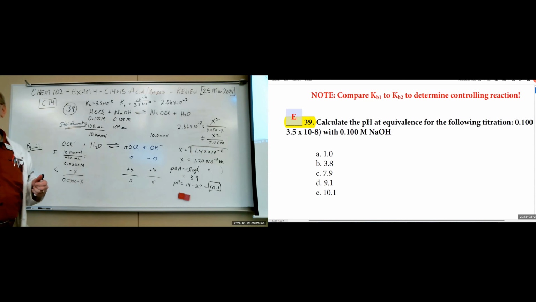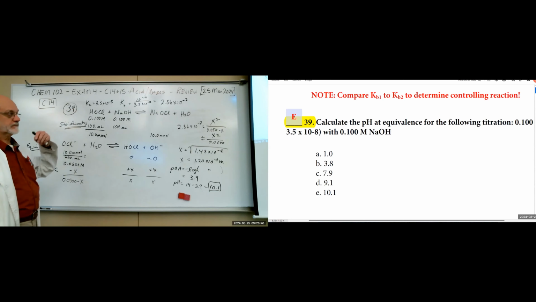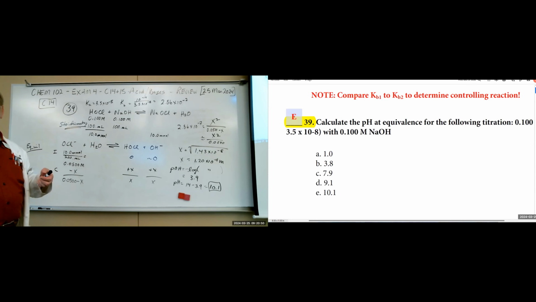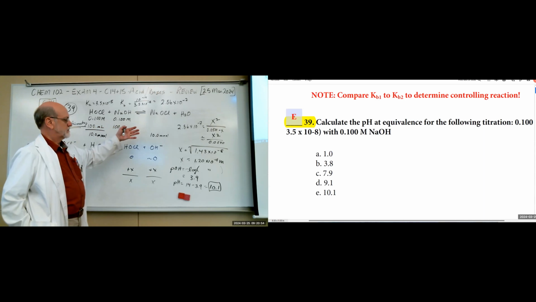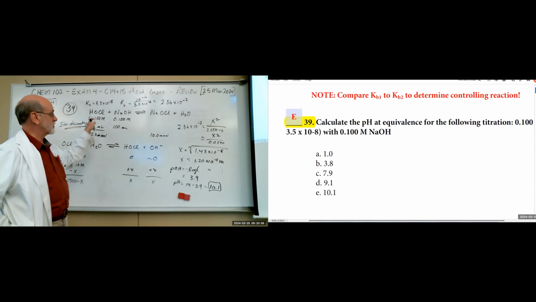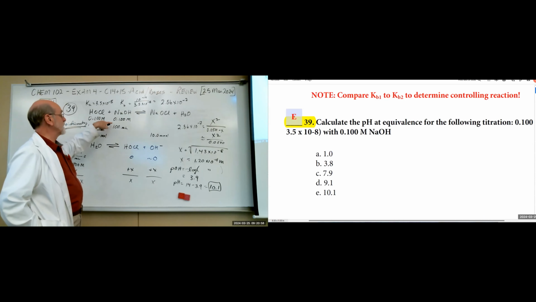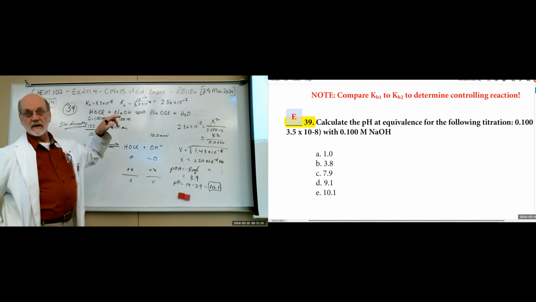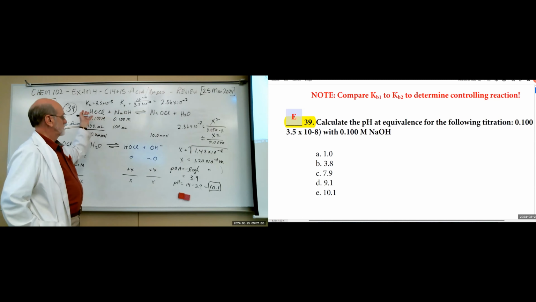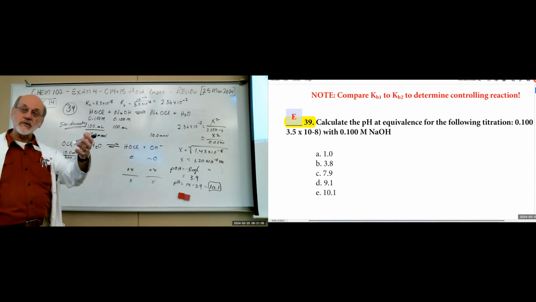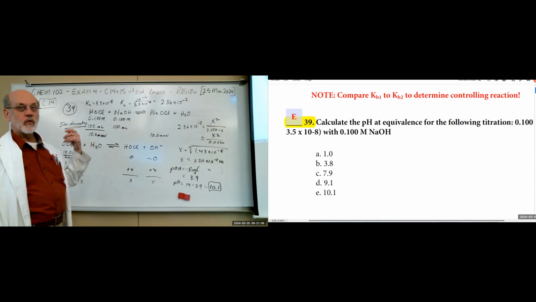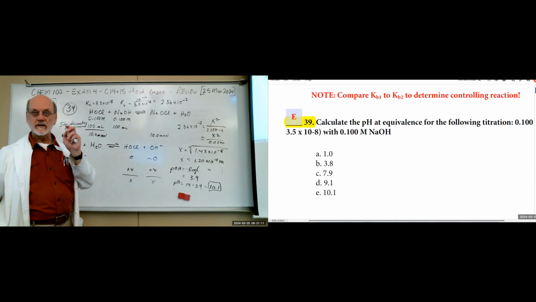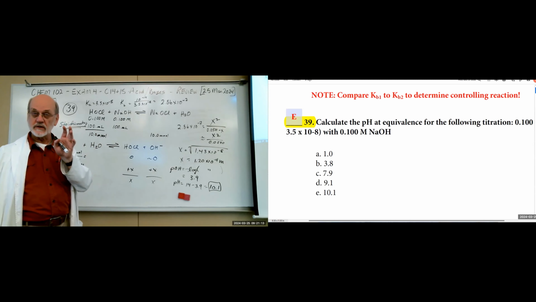Well, if you've got a whole lot of these titrations to do, you don't want to have to do each one of them to equivalence to find out what the actual concentration of each one is. We're given the concentration here. But if we have an unknown and we're titrating it to find out what the unknown is, then we want to know what pH we are at when we reach equivalence.